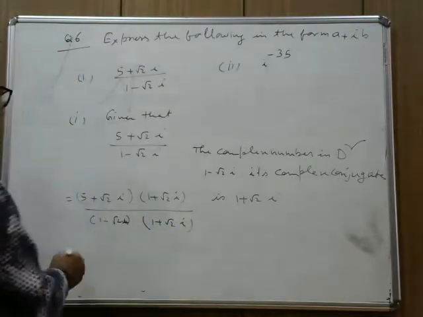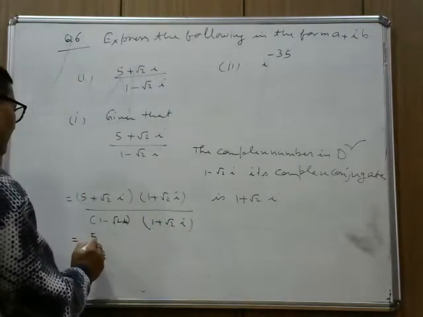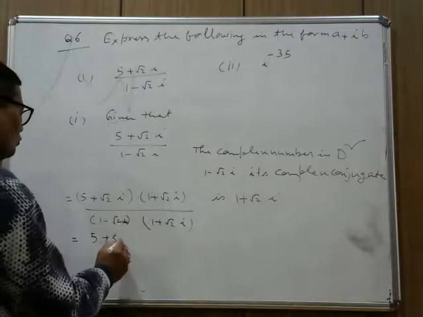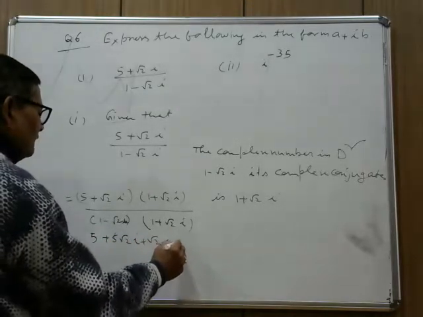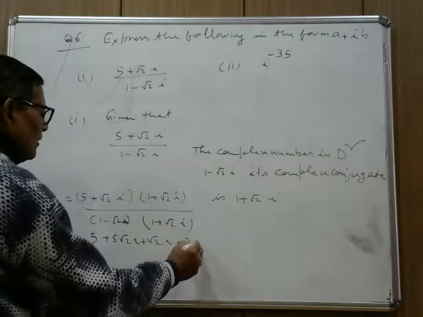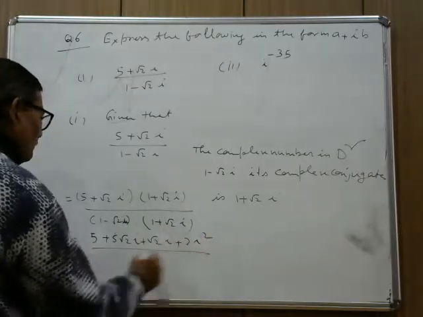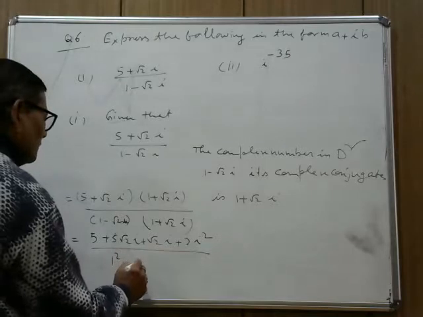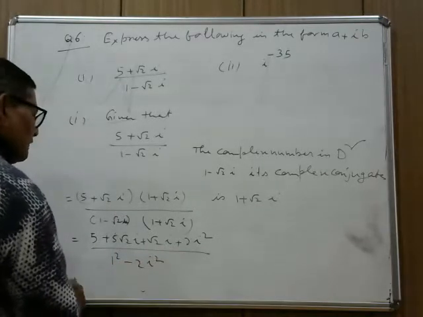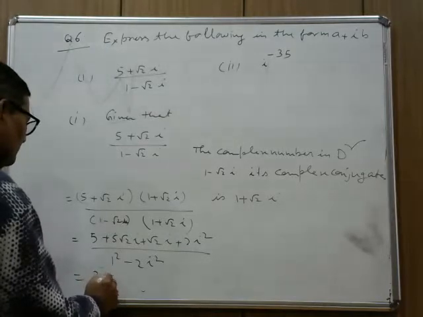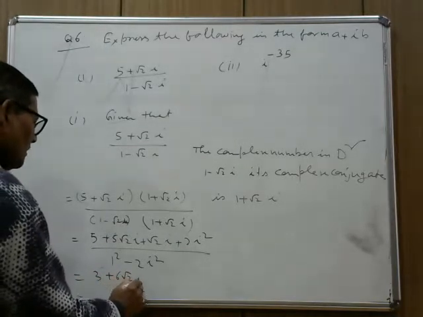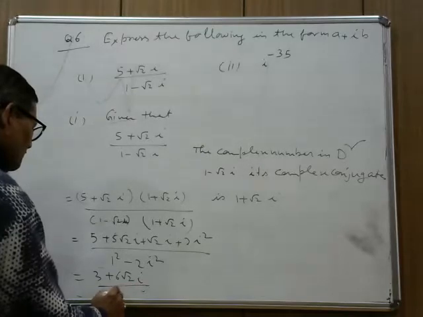So you multiply term by term. 5 into 1 is 5, plus 5 root 2i, plus root 2i, plus root 2 into root 2 is 2i square, upon 1 square minus 2i square. So in this way, this is 5 minus 2, 3, plus 6 root 2 i upon 1 plus 2.